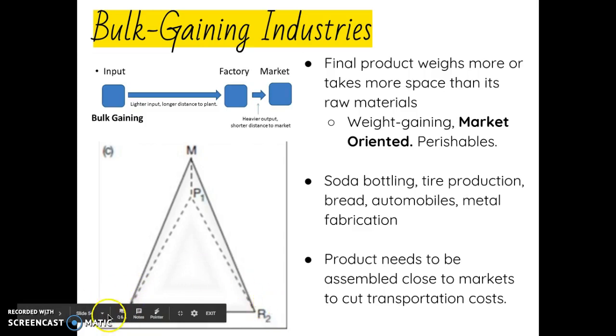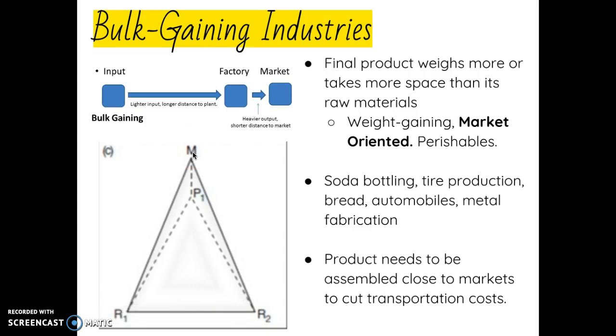These are small parts of a whole, and it is easier to deliver these parts to a final production facility and then put it together into a car than it is to locate the small parts down here in the production industry here and have to ship finished cars very far to the market. So product needs to be assembled close to the market to cut transportation.